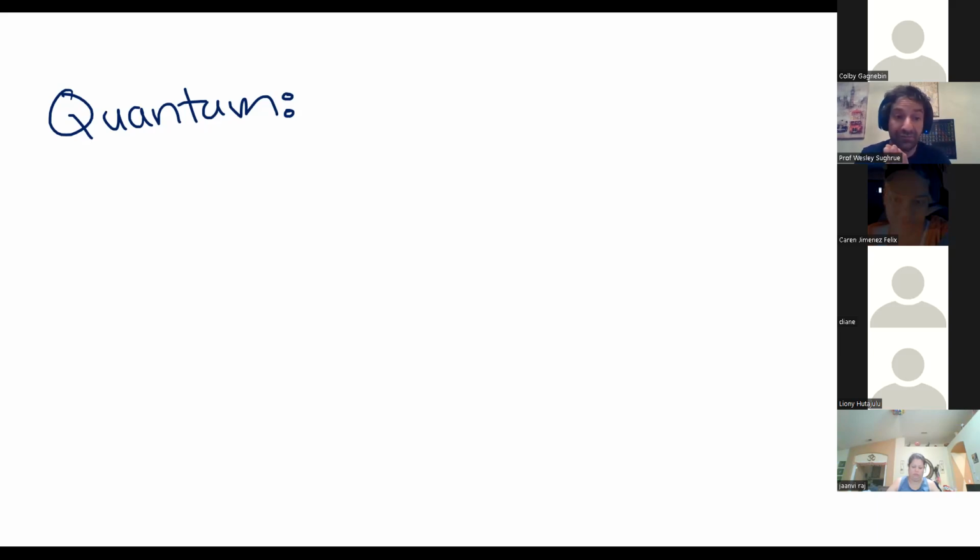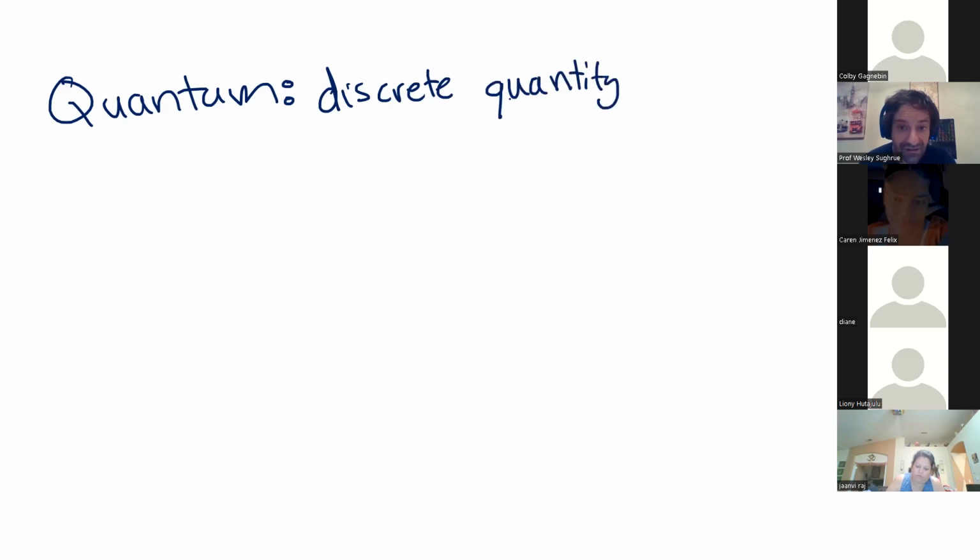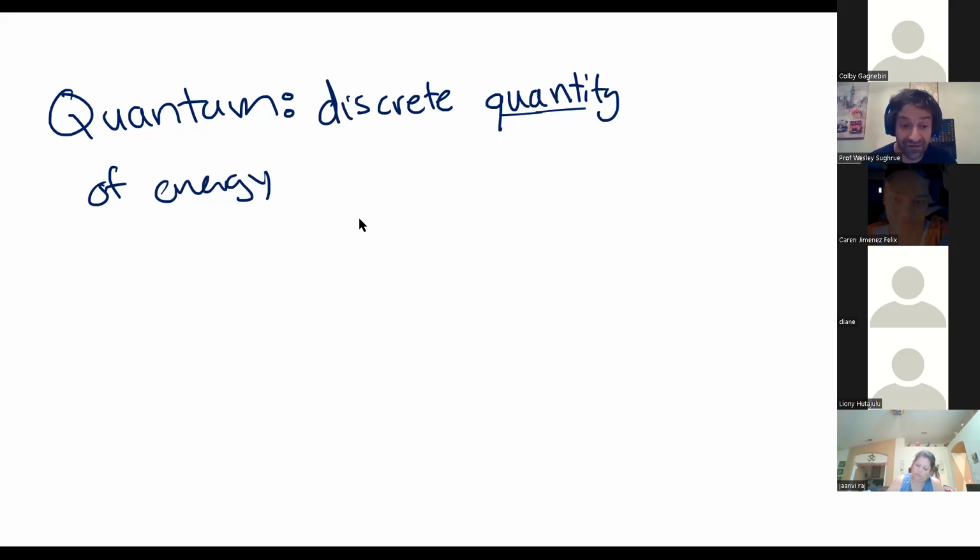So quantum, according to the dictionary definition for physics specifically, is a discrete quantity of energy. So let's record this. It is a discrete quantity, hence the origin of quantum, quantity, of energy, proportional in magnitude to the frequency of the radiation it represents.